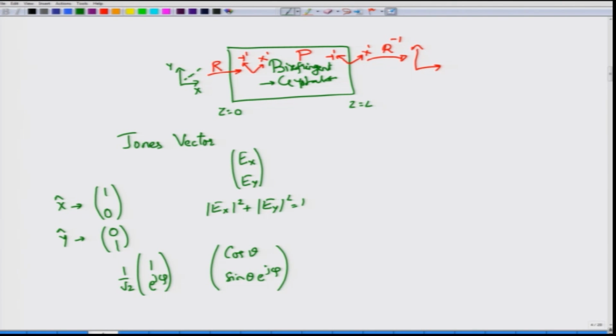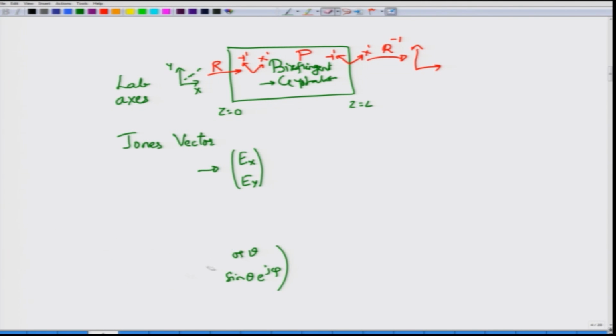So, whatever the input polarization is, it is measured in the so called lab axis or the lab frame of reference, and in that lab frame of reference, this is the input Jones vector, which is normalized as I have told you. The first step is that we recognize that the Jones vector that you have described is only valid for the lab axis. The actual Jones vector that you need to write will have to be written for the crystal axis.